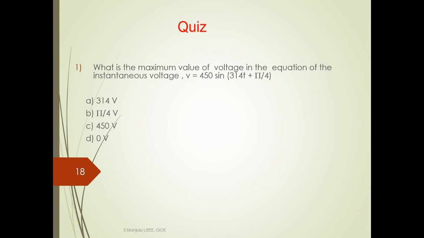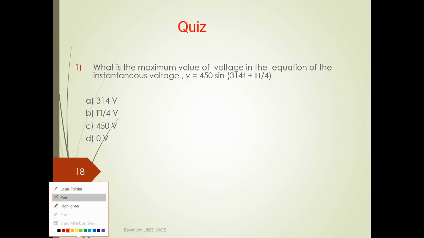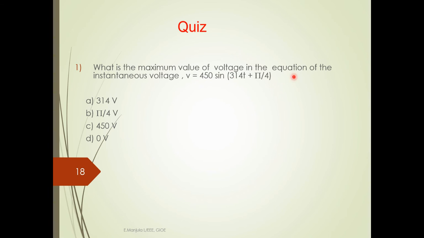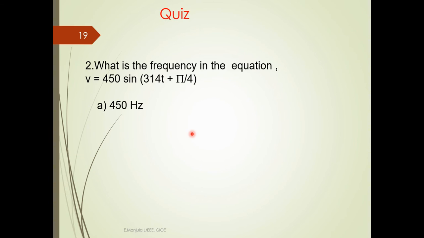What is the maximum value of a voltage in the equation of an instantaneous voltage? Here, V is equal to 450 sine of 314t plus pi by 4. So this is V maximum. So 450 volts is the V maximum.